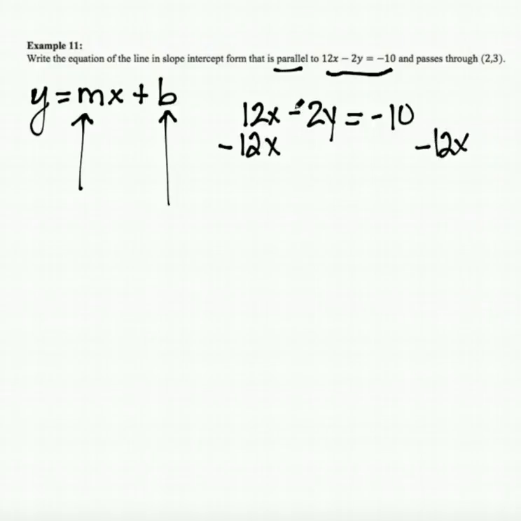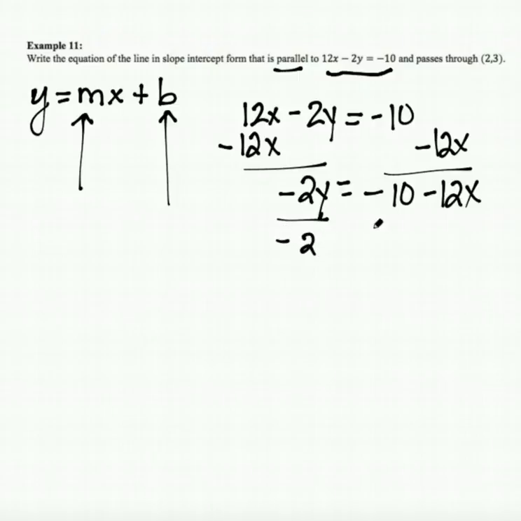That's going to give me, make sure you don't lose this negative, -2y equals -10 minus 12x. Again, I'm trying to isolate the y, so I'm going to divide all of the terms by -2. And that's going to give me y equals -10 divided by -2 is a positive 5, -12x divided by -2 is a positive 6x.